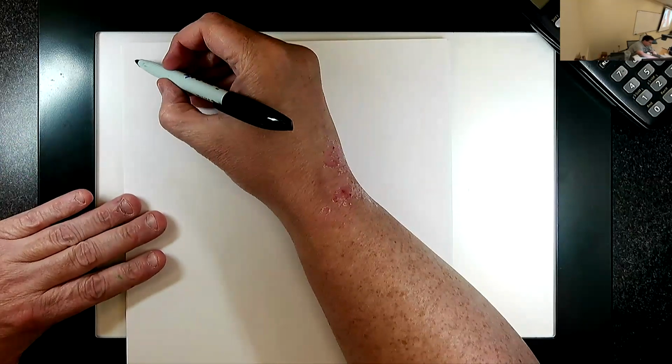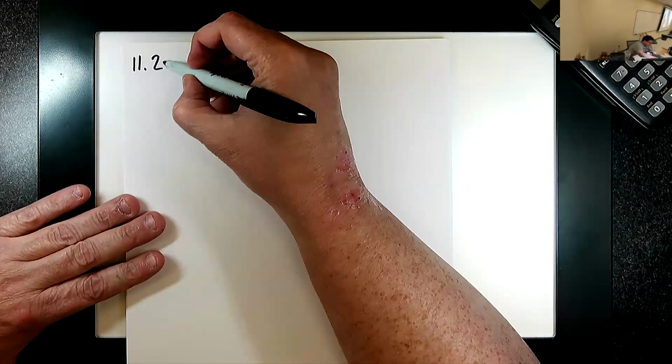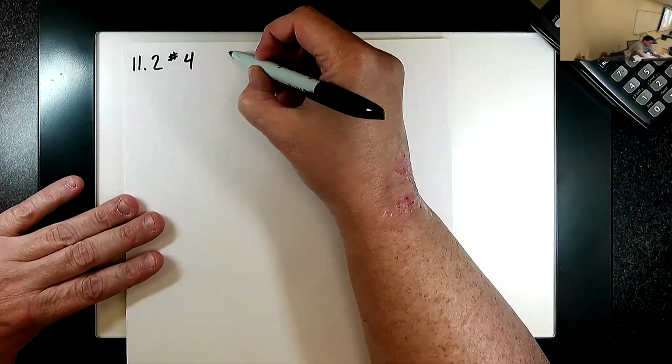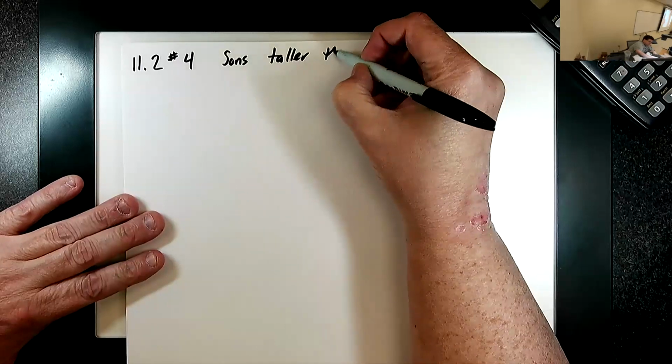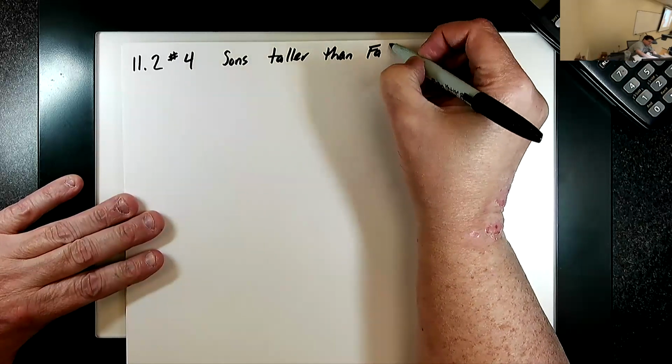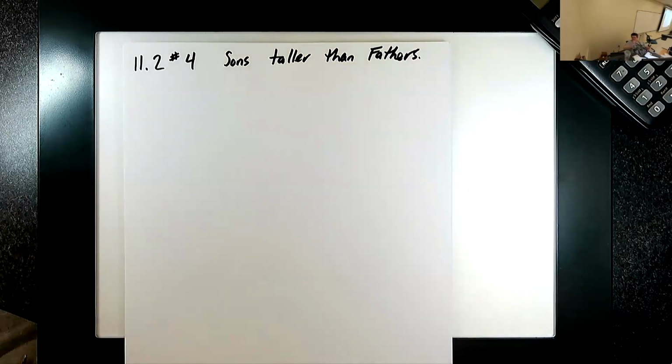All right, so 11.2, I'm going to load it up in a second. It's number 4. It's about sons being taller than fathers. Let's see what the data gives me here.